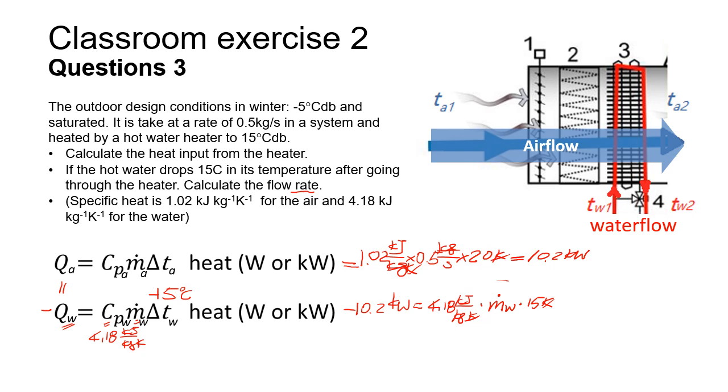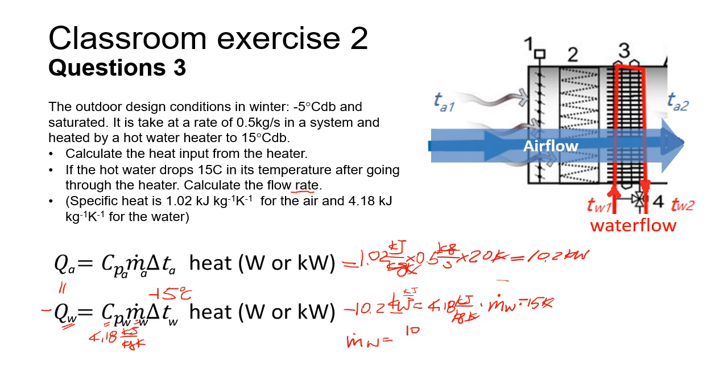Okay, K cancelled, and the kilowatt is kilojoule per second. All right, so kilojoule cancels, so you have kilogram per second. So therefore, what will the mass flow rate of water be? This is a minus, all right? As I said, minus here, minus there. So these two minuses cancel each other.